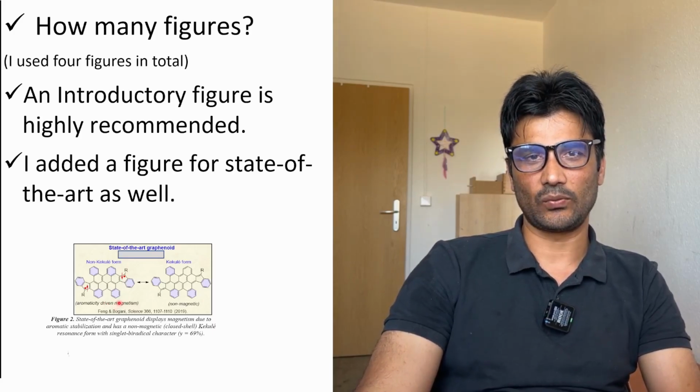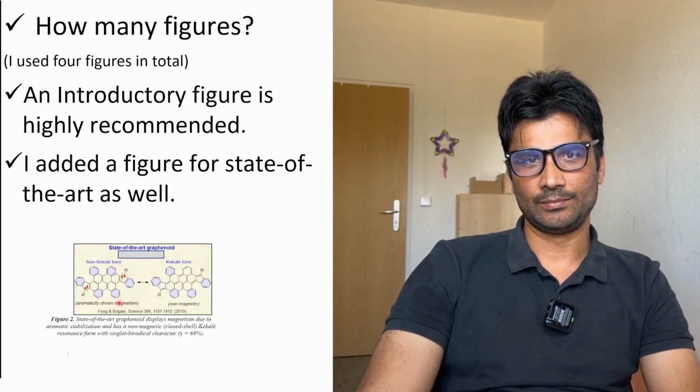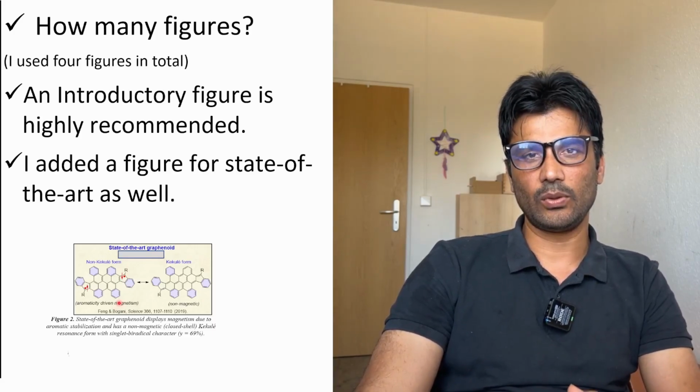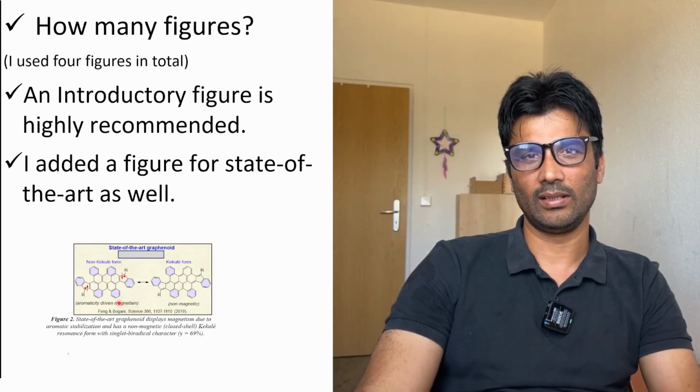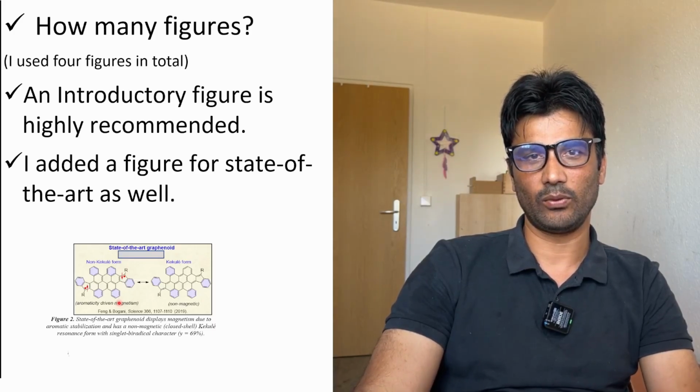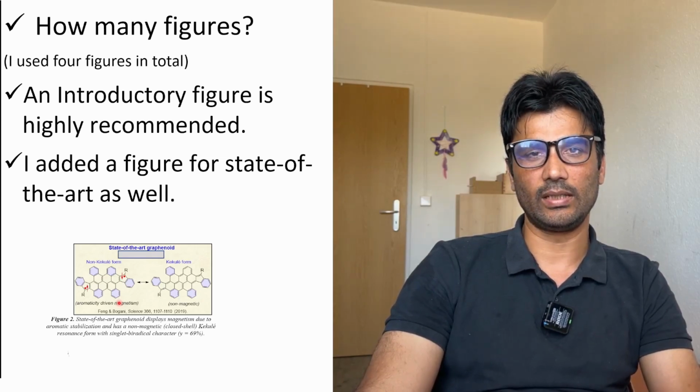So this is the state of the art, and I want to achieve next. If you can sum up your state of the art in one nice small figure, I think this will be very helpful for the reviewers to understand the state of the art in your proposal.